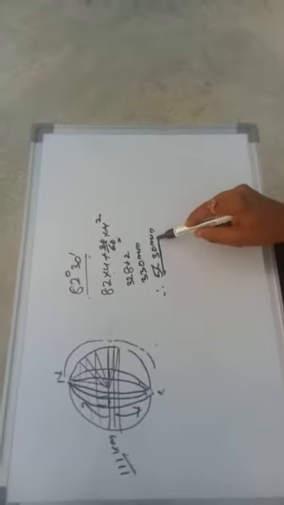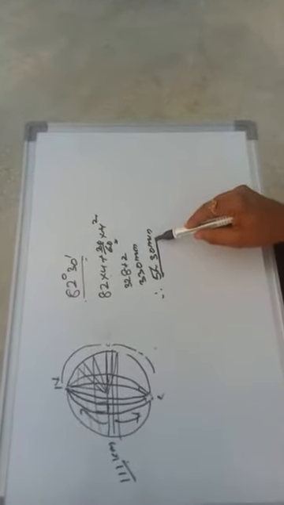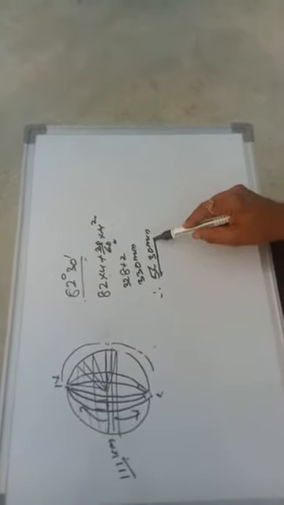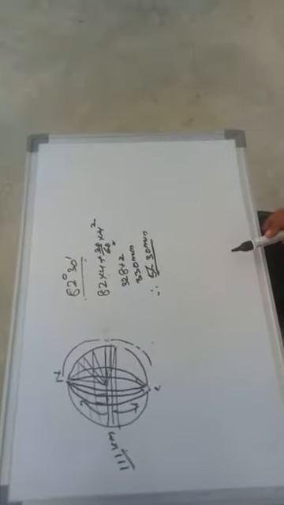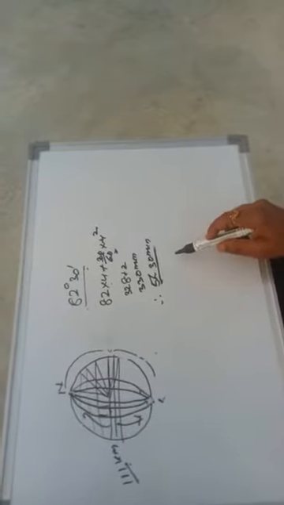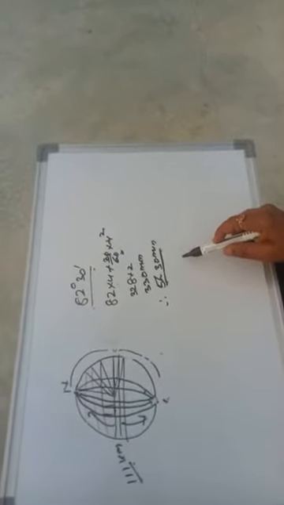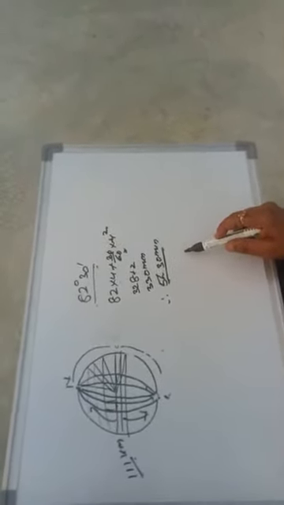It means if the sun rises in our country at 6 a.m. in the morning, then in England there would be 5:30, 5 hours 30 minutes.